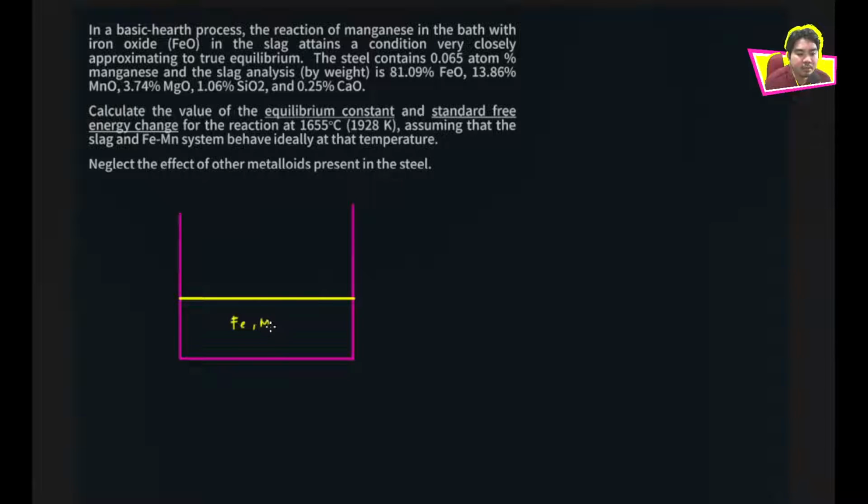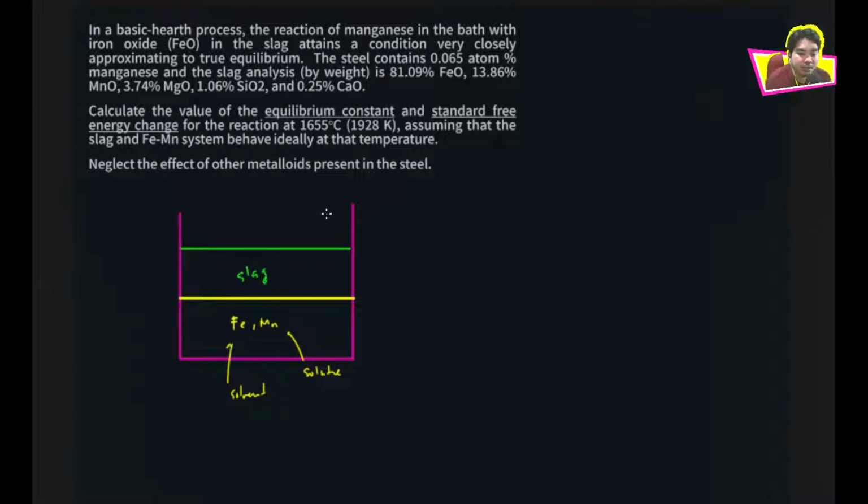Okay? So meaning this is containing the solvent Fe tapos meron siyang solute na manganese. So this is the solvent. Tapos etong manganese natin, siya yung magiging solute natin. Okay? So above the Fe manganese bath will be our another layer, no? And this layer is our slag layer.